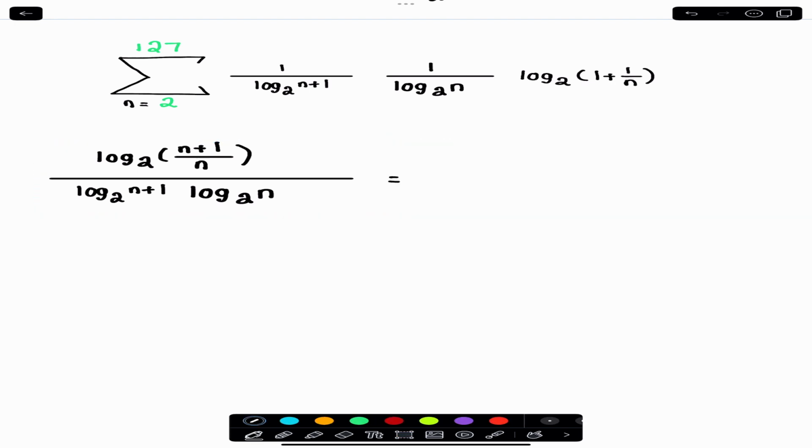And now we can use our basic logarithmic properties. If you're not familiar with this, I would recommend checking out a video on log first. So this is another prerequisite. I'm assuming you already know all of these identities because I'm not going to be going over them in this video.